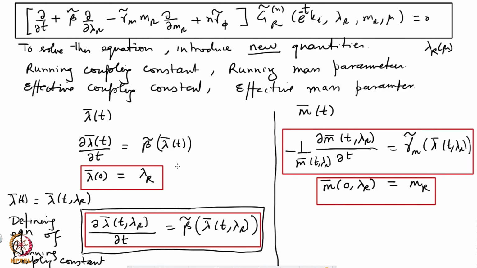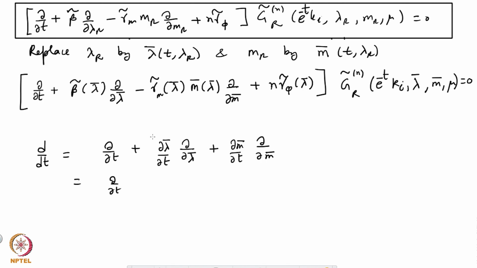And we have defined del lambda bar over del t as beta tilde, so this is beta tilde of lambda bar of t lambda r. I'll just make it explicit.